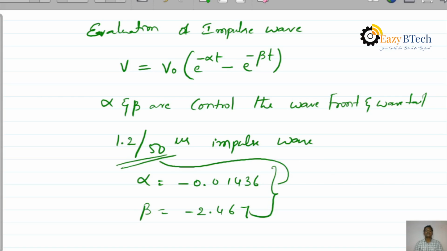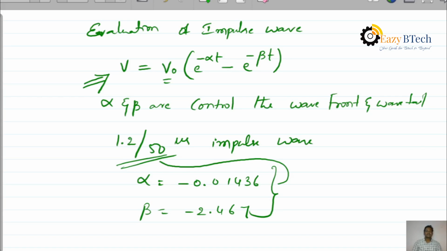By changing alpha and beta, you can control the wavefront and wavetail. We can evaluate the expression for the voltage waveform V equals V naught, this is the initial voltage, into e power minus alpha t minus e power minus beta t.